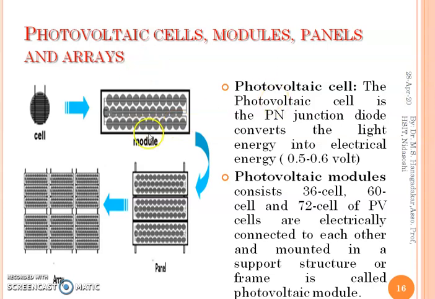Usually, one module may consist of 36, 60 or 72 PV cell units, electrically connected to each other and mounted in a frame.